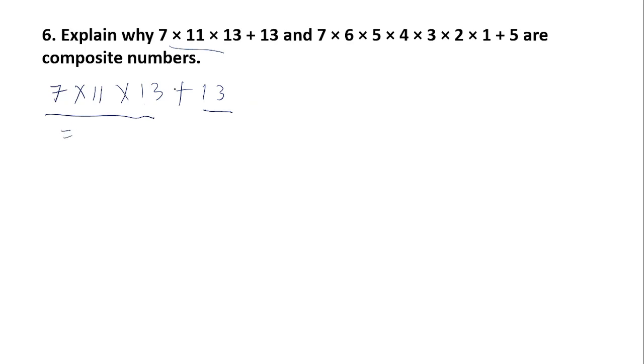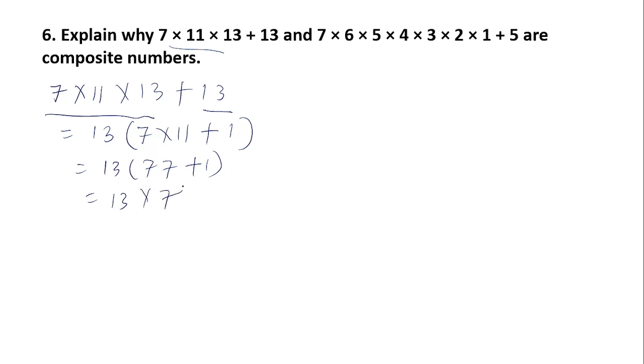So just take 13 common out of this expression. After taking 13 common, you will get 7 into 11 plus 1. Then we can write 13 into 77 plus 1, that is 13 into 78. And 78 can be written as 13 into 2 into 39.